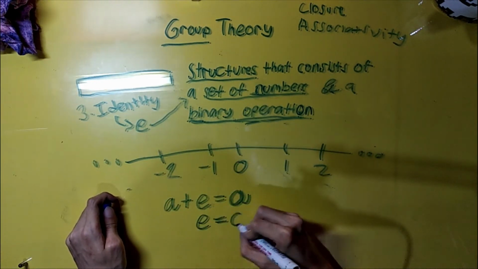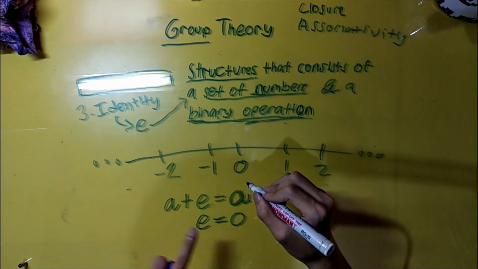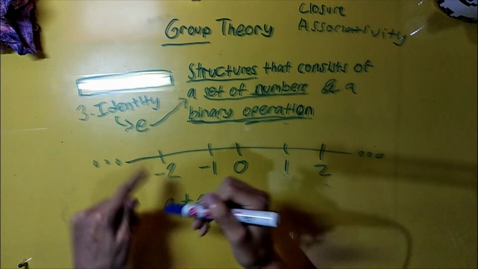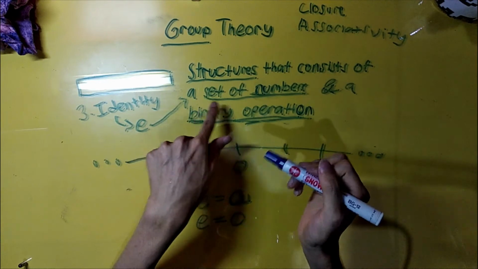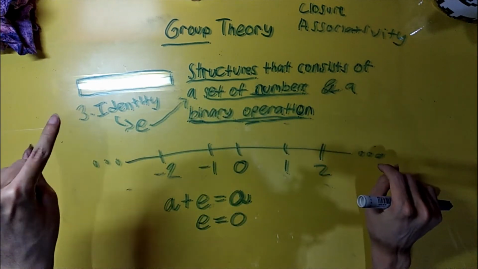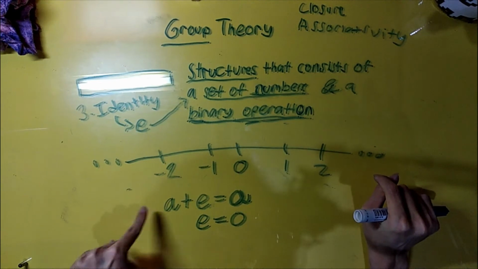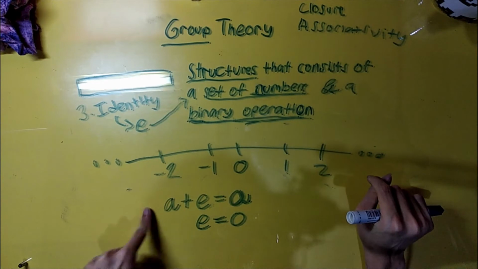E is gonna be 0. Why? Because if you add any number A with 0, that's gonna absolutely do nothing. 0 has that property. It is the special element within this set of numbers that we call the identity, because it has the property that it does absolutely nothing when you use it to add.